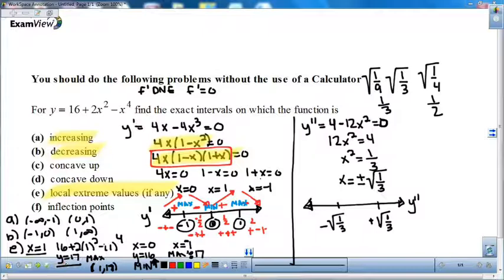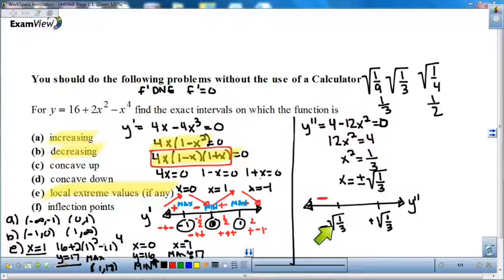That just gives you an idea of where you're at. I'm going to pick a number to the left of negative square root of 1/3, so I'm going to pick negative 1. If I substitute negative 1 here, I get 4 minus 12, which is a negative number.